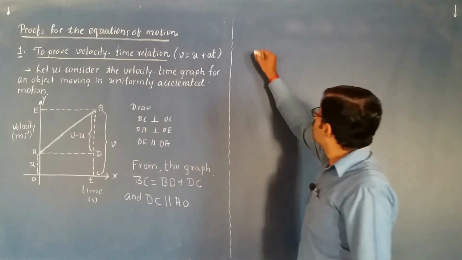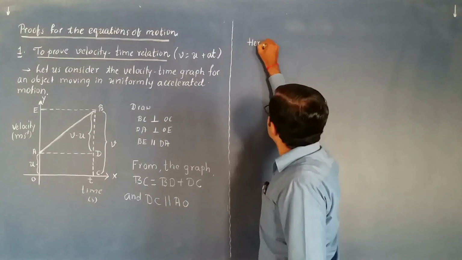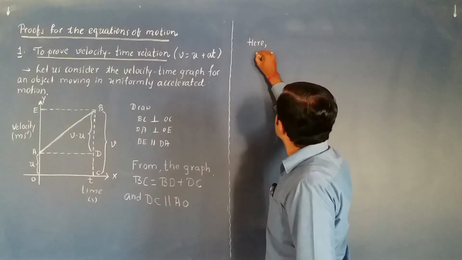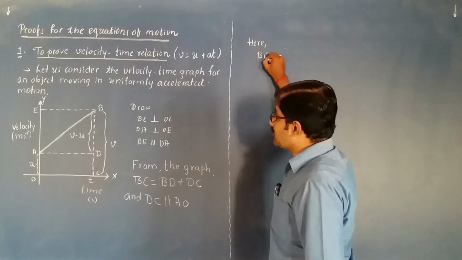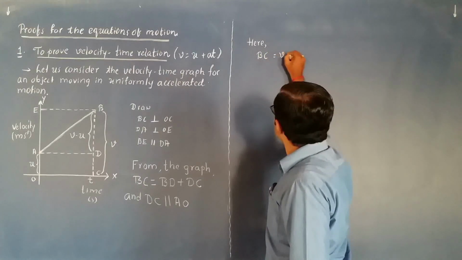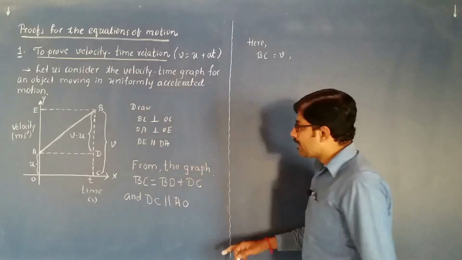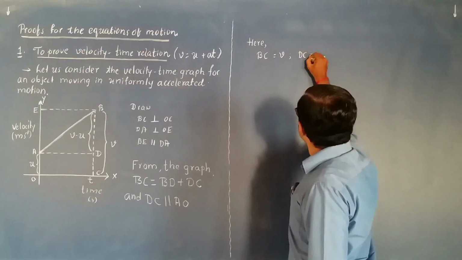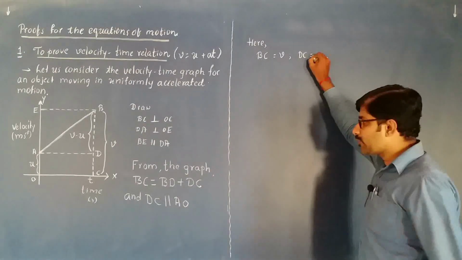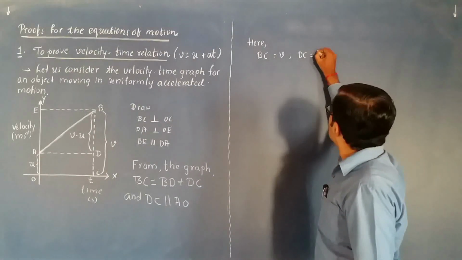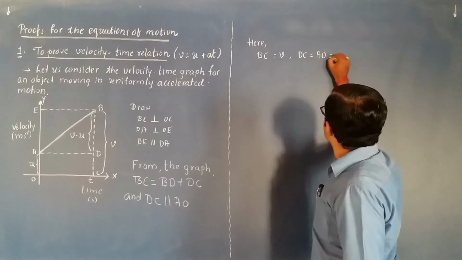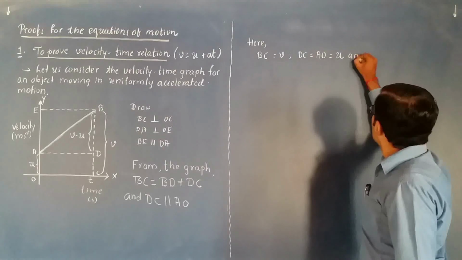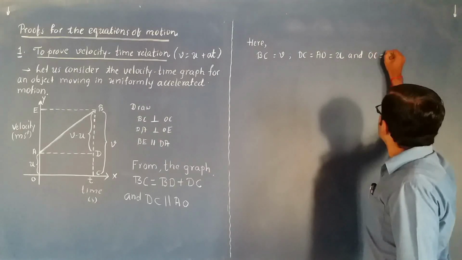So here you can write BC is equal to v, and DC, since it is parallel, you can write as equal to AO, which is equal to u, and OC is equal to t.